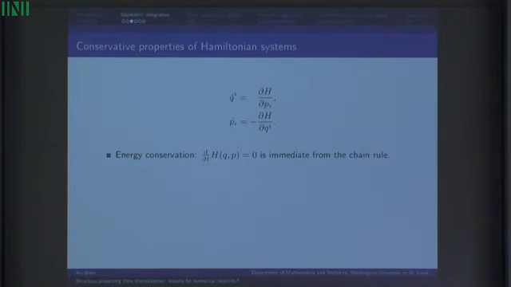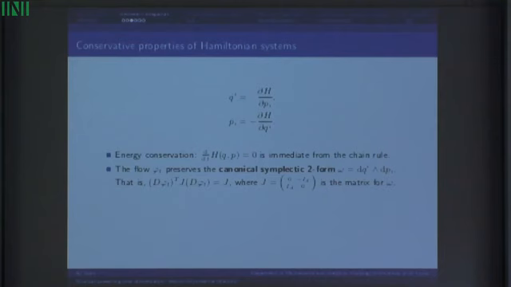All right, so what are some of the conservative properties of Hamiltonian systems? Well, first of all, one of the best known is energy conservation. Since our Hamiltonian here doesn't depend on time, you can take d by dt of H, apply the chain rule and these equations, and immediately see that energy is an invariant of this system.